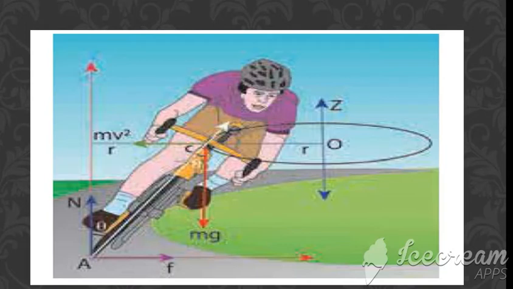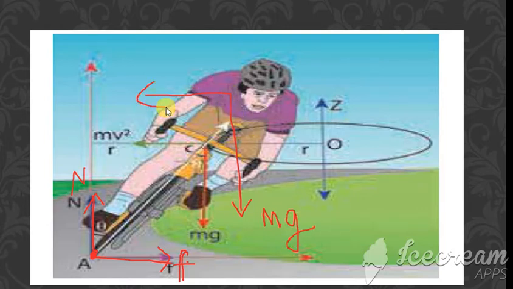When he is moving in the circular path, there are two forces acting at this point. The first one is the normal force, and because of the friction in the road, there is the frictional force F. Then this man has two forces: the downward gravitational force mg, and, since he is moving in the circular path, the centrifugal force, represented by mv square by r.